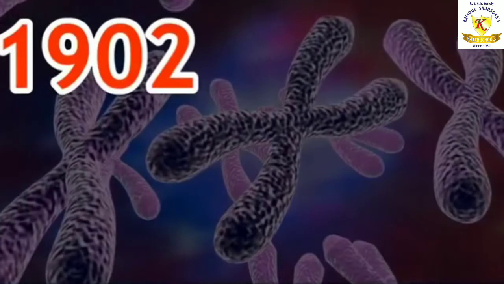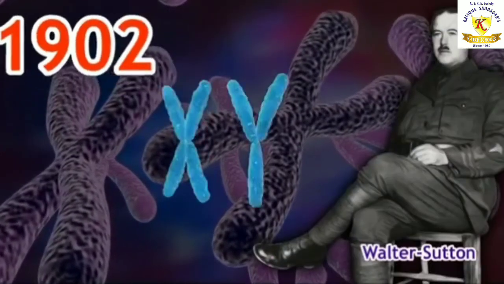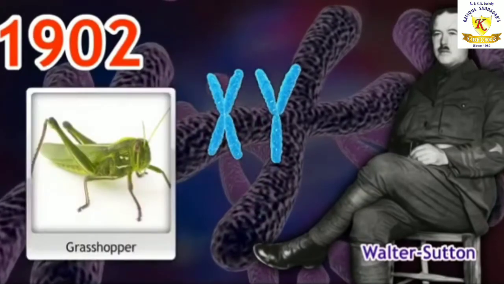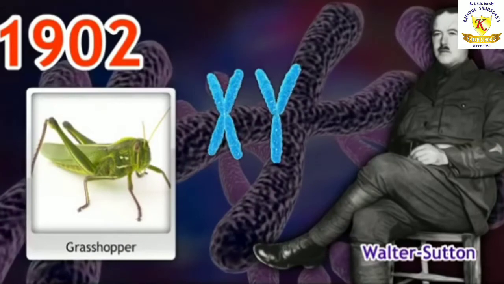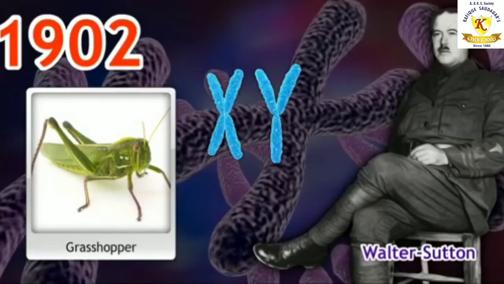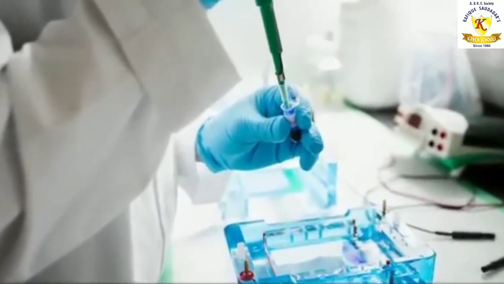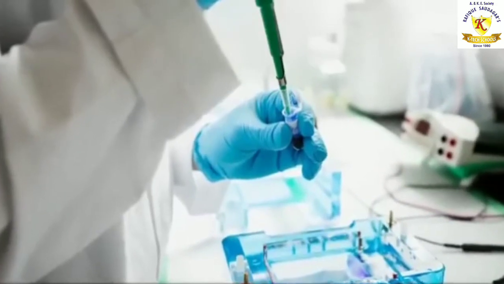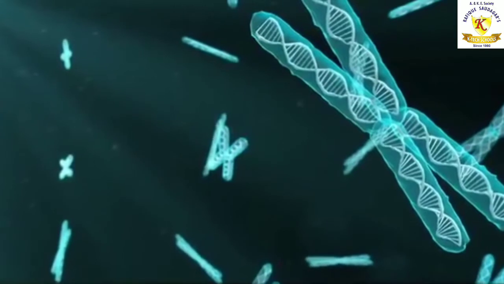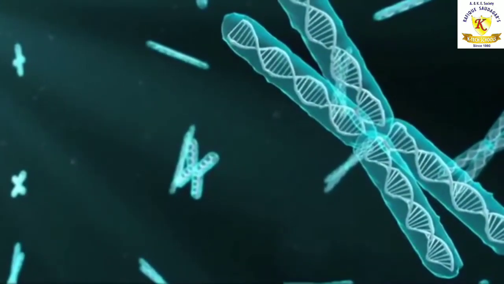Meanwhile, in 1902, Walter Sutton observed the paired chromosomes in the cells of grasshopper. Until then, it was not known to anyone. Research started in the direction of finding the nature of genetic material, when it was proved that genes are carried via chromosomes.